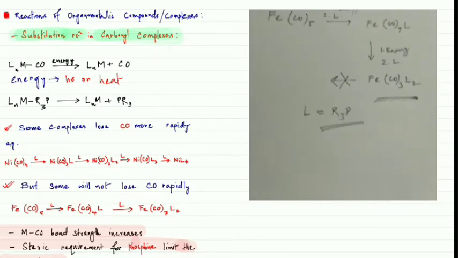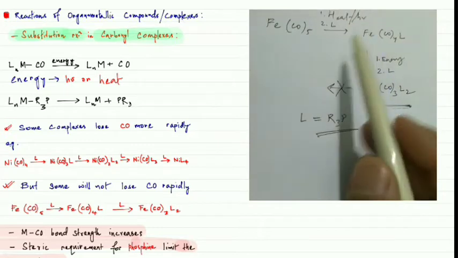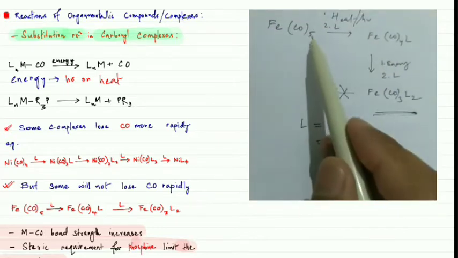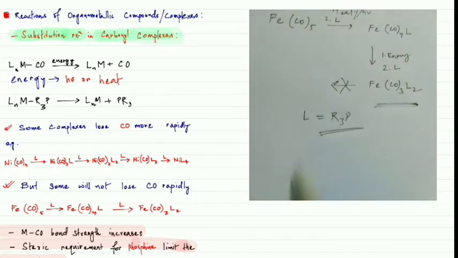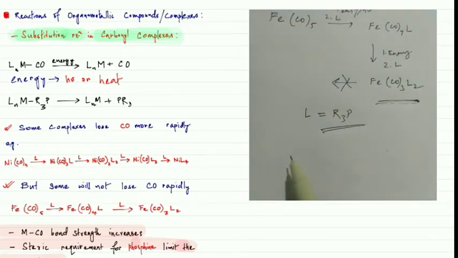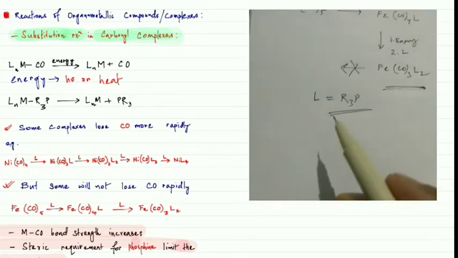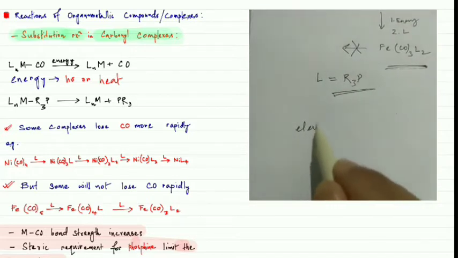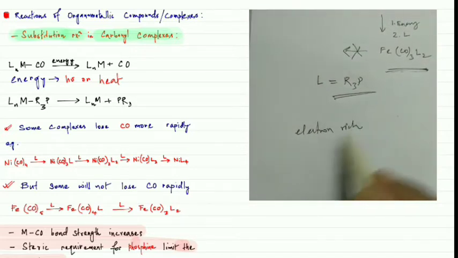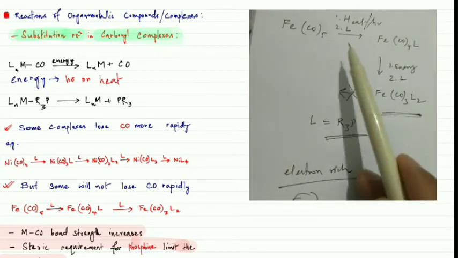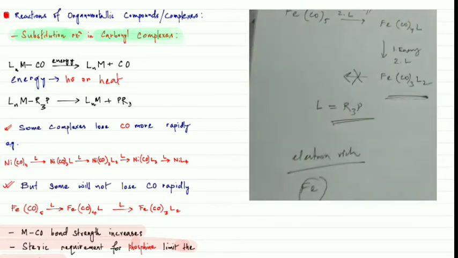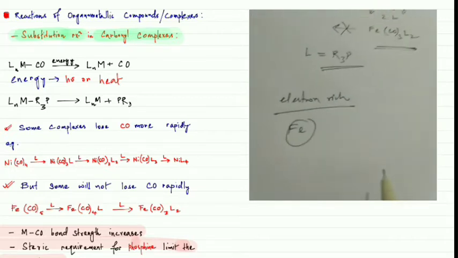The reason is that when we remove one carbonyl ligand, what is going to happen? The iron becomes more electron rich. So iron becomes more electron rich when we remove one carbonyl ligand. What is the effect of this?